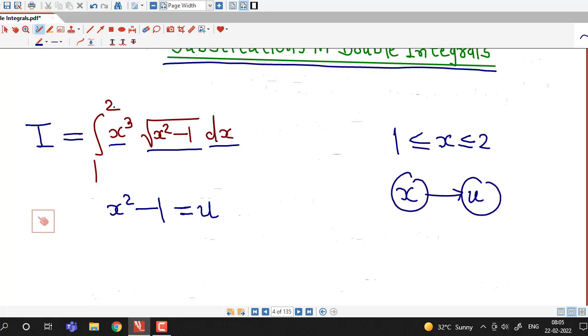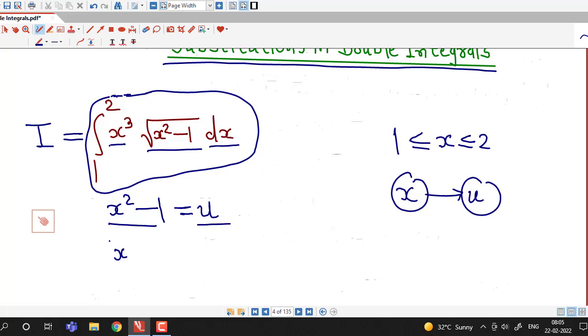So we have to convert everything which is in terms of x into the new variable u. Taking the derivative on both sides with respect to x, I will have 2x dx equal to du.